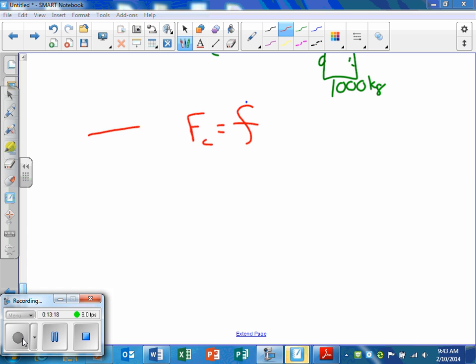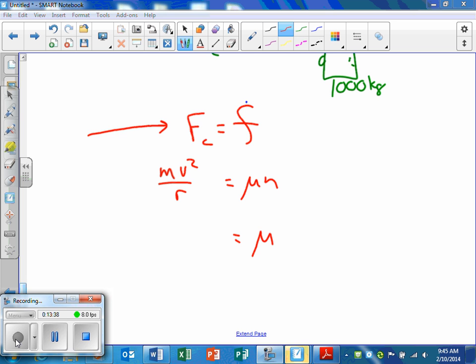Yes, that's perfect. That's the first line of your math algebra. The force centripetal is caused by the force of friction. Okay, so let's look at this together. Force centripetal is mv squared over r. And that equals the coefficient times the normal.